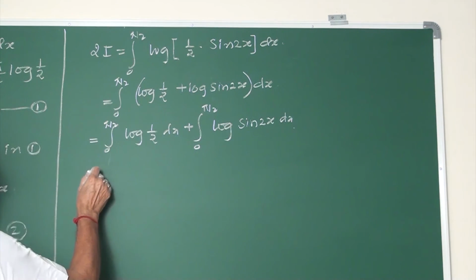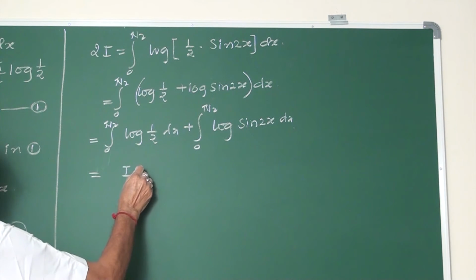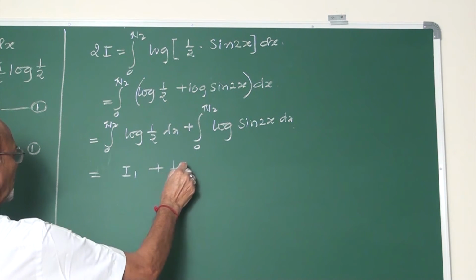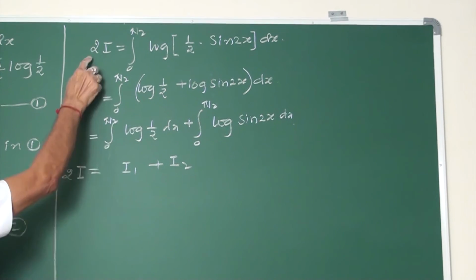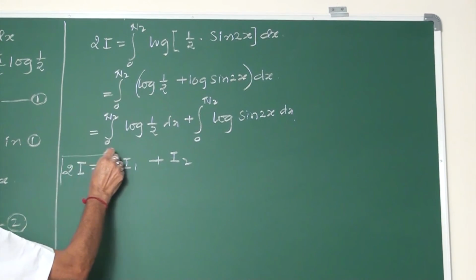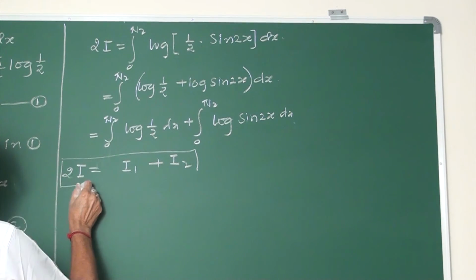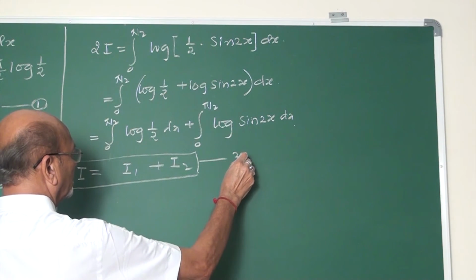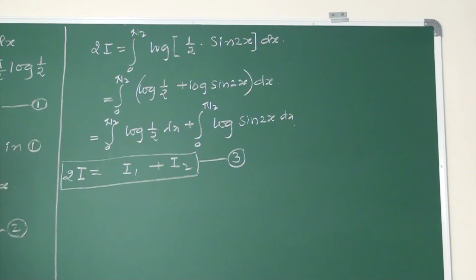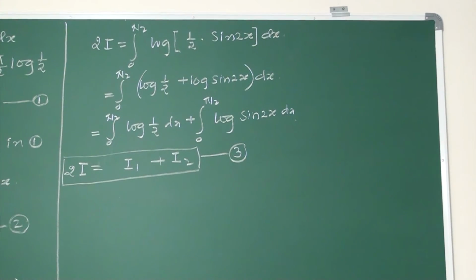Yes, name this as I1 plus this is I2. This side is 2I. You pack it. Name this as equation 3. Find one by one.